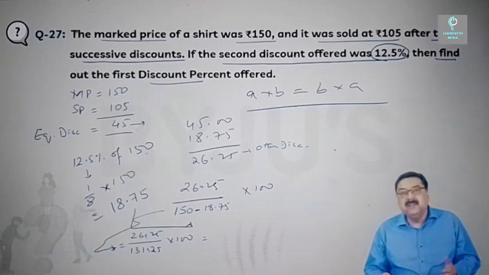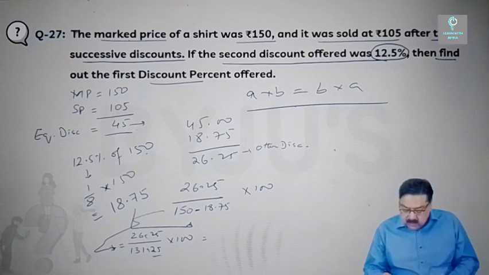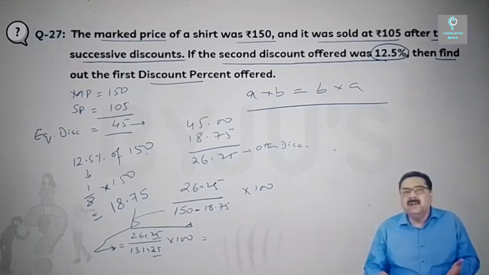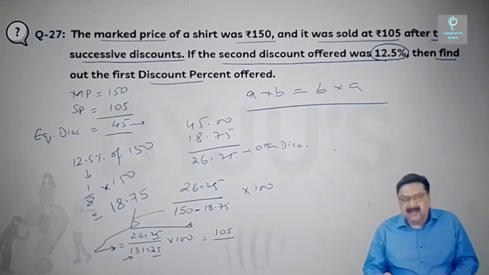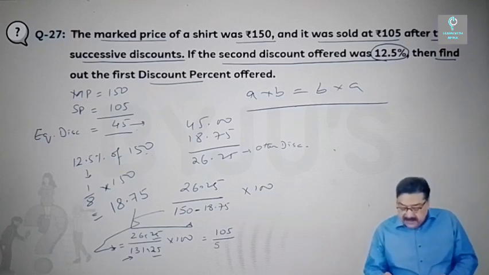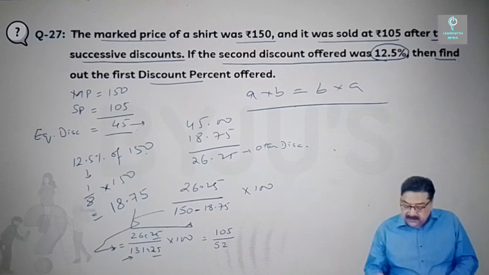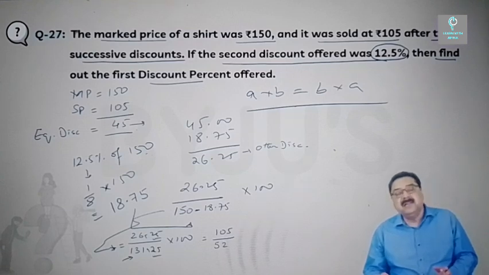Now both these values are divisible by 25 because the last two digits are a multiple of 25. 25 ones are 25, so 1 remaining, 2 comes down, 0, 125 is 5, so 105 is what we have here. And now dividing this by 25, we get 25 into 131, 125, 25 into 5 is 125, 6 remaining, so 62, so 2s are 50, so 12 remains, combines with 5.